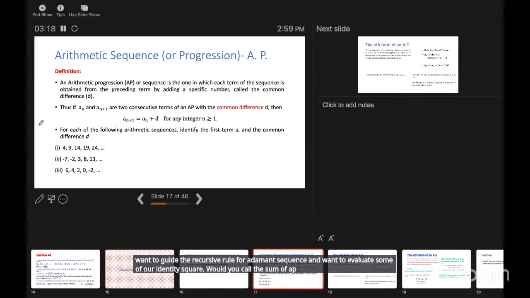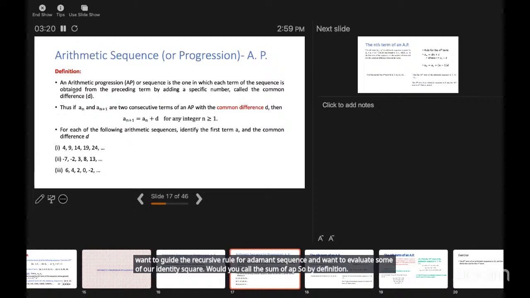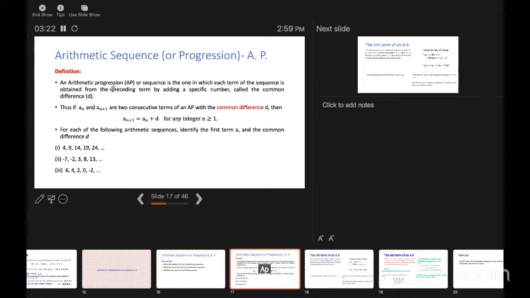By definition, an AP, arithmetic progression or sequence, is one in which each term of the sequence is obtained from the preceding term by adding a specific number called the common difference.